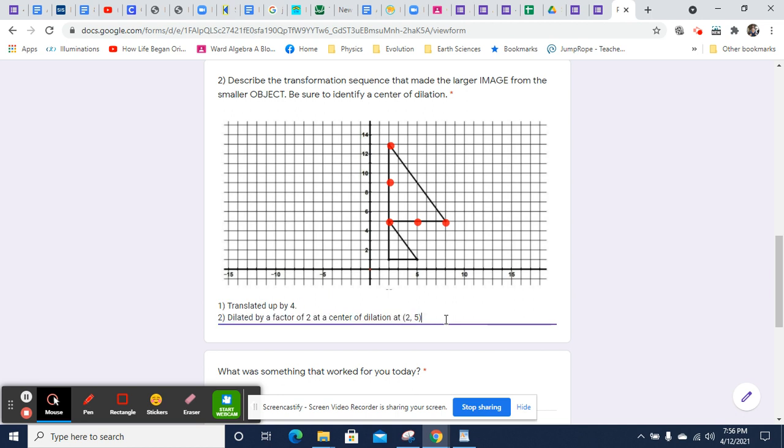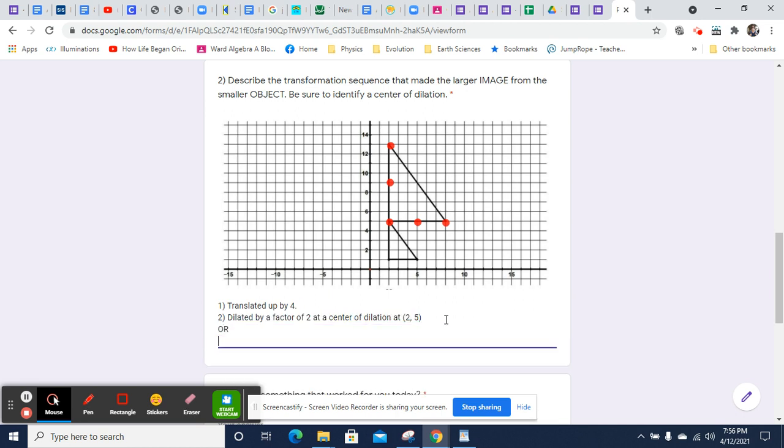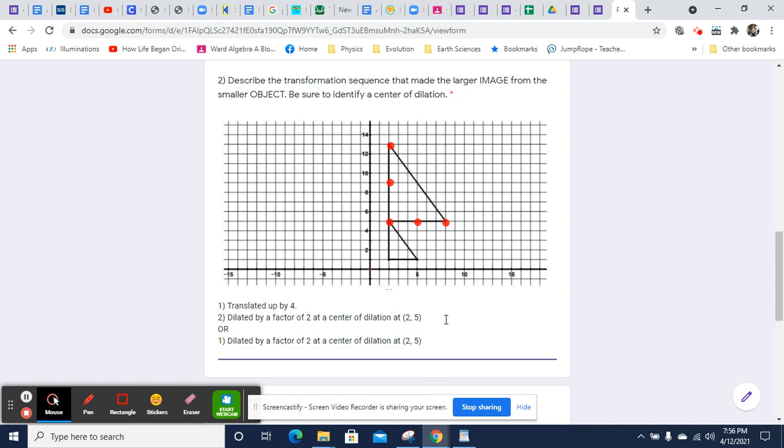So the reverse could be done. Okay, so we could have done this. Dilate by a factor of 2 at a center of dilation at 2, 5, and then translate up by 8. So the order does matter, or the center of dilation matters.